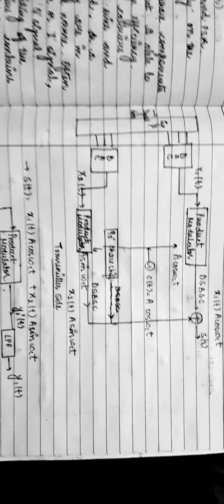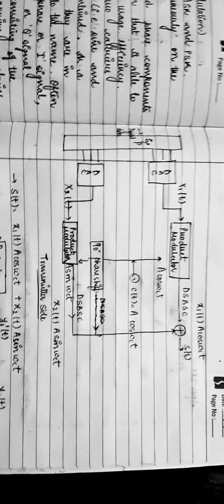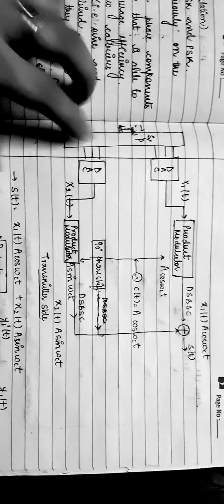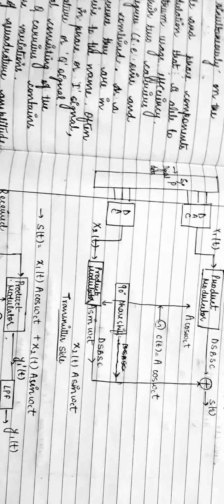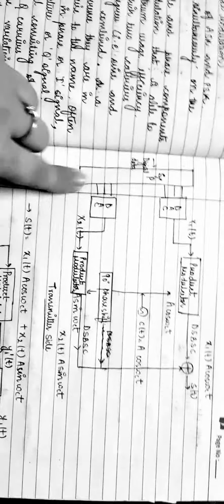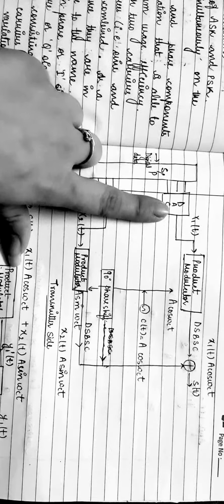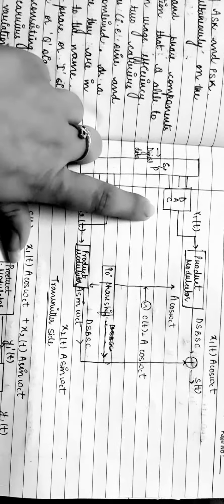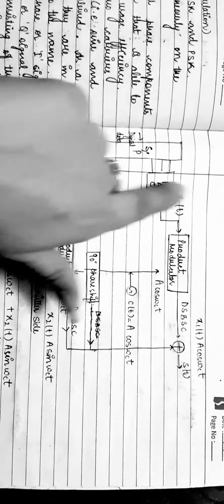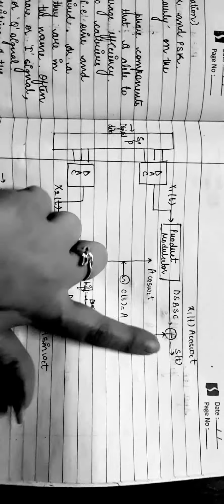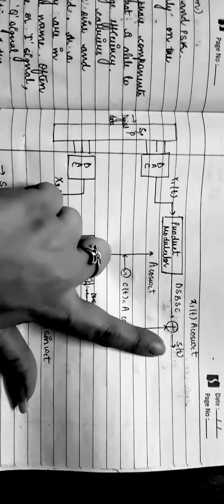Now this is in analog. If we have digital data, we apply serial to parallel conversion, then a digital to analog converter, then it passes through the product modulator and we get the output, that is s(t). So this is basically the transmitter side.